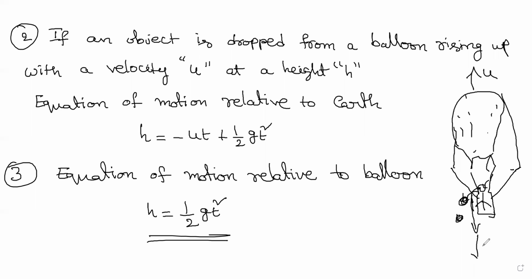That is the situation we are talking about. So relative to balloon, this is how you get. And with respect to earth, the object is also moving with the velocity u, initial velocity u only. So this is how you get. Noted? Noted, sir.